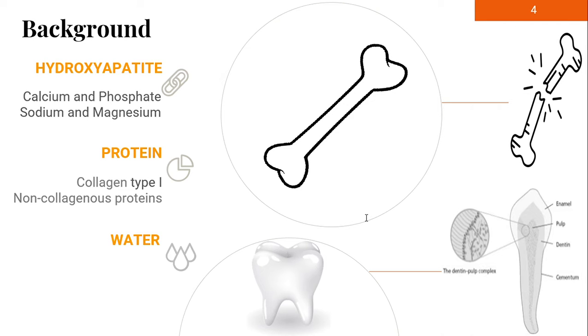The most common lesions are fractures, especially in the oral environment. Dentin hypersensitivity is a typical case, caused by the erosion of the apatite layer covering the dentin. To be more specific, this is on the top left corner.